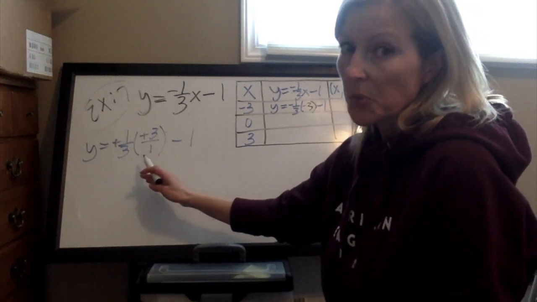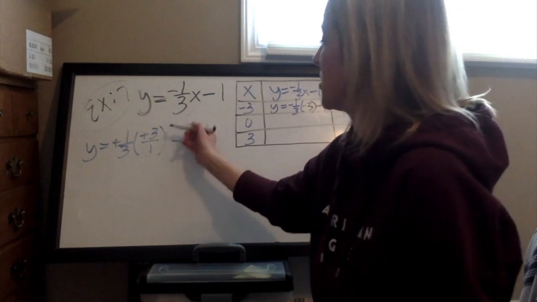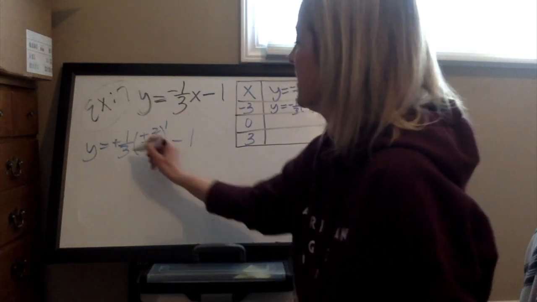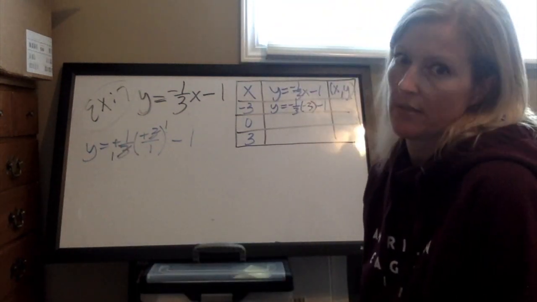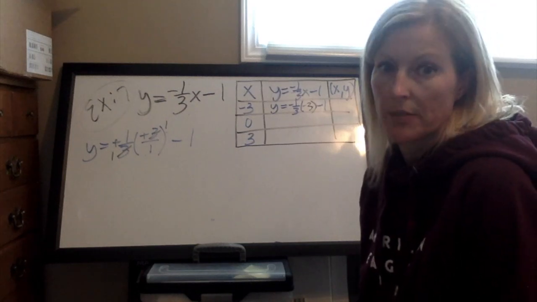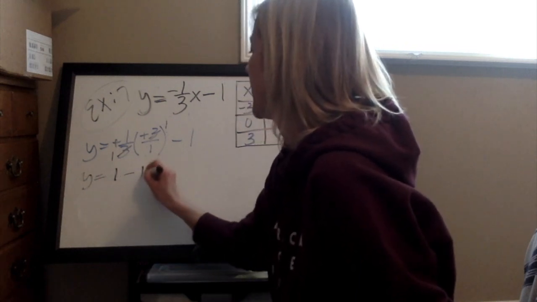You could either multiply those and get 3 over 3, or you can reduce them before you even multiply them. So let's just reduce them. This is going to give me a 1, and this is going to give me a 1. So I'm going to end up with 1 over 1. And what does 1 over 1 break down to? It breaks down to 1. So this is going to give me y equals 1 minus 1.